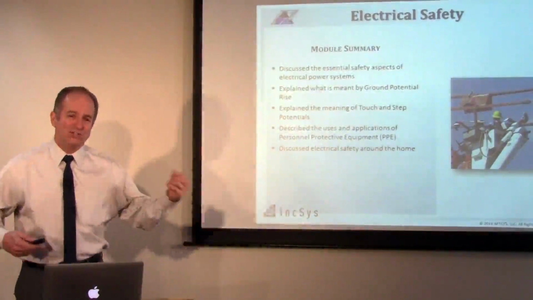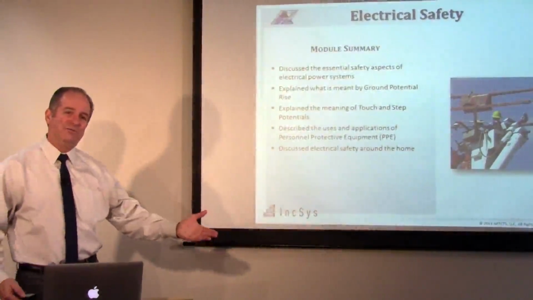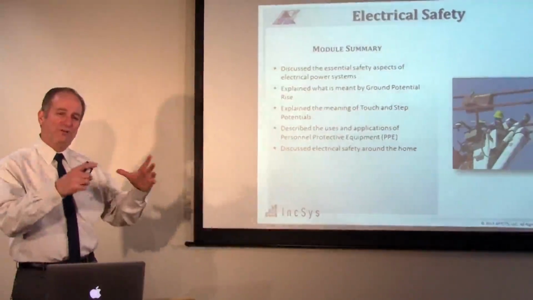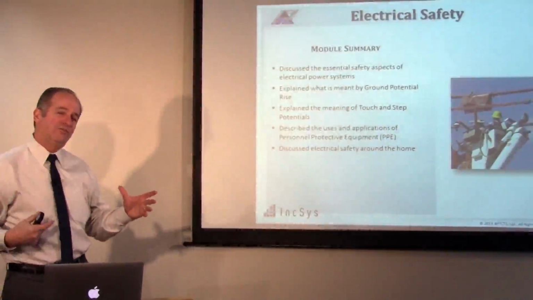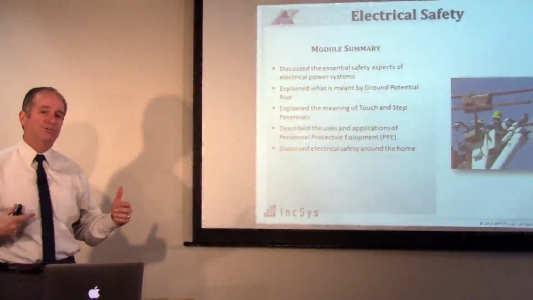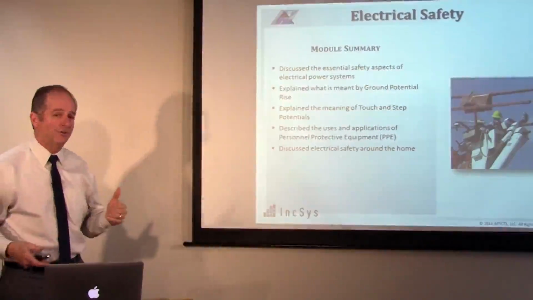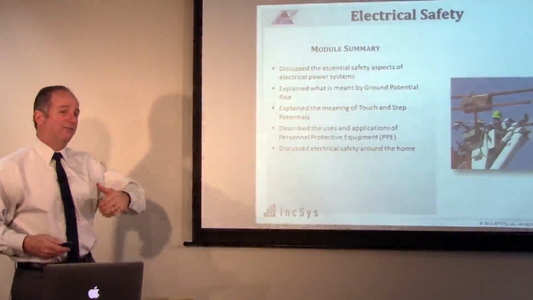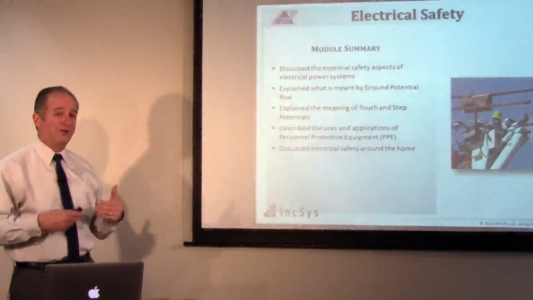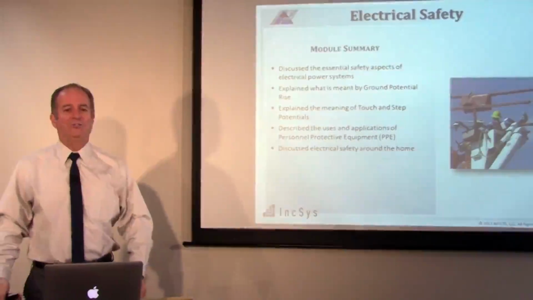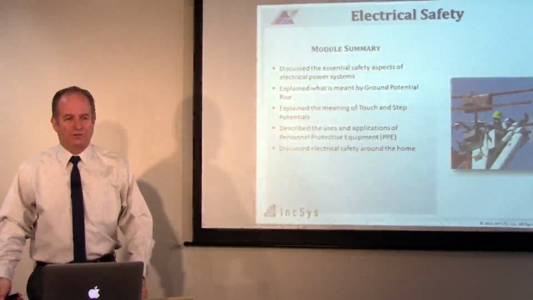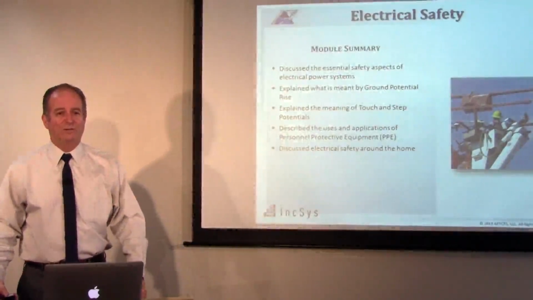A person touching the vacuum cleaner's metal case, which is grounded, could create a current flowing from the vacuum cleaner through the person as a short circuit, and that person could be seriously hurt. And if they fall, that's a good thing. It breaks the connection. So you just have to be careful about electrical safety around the home as well.